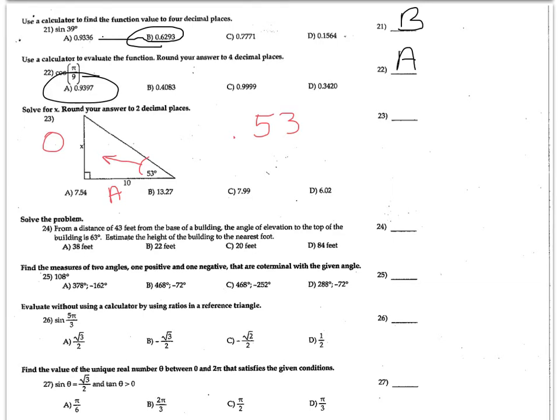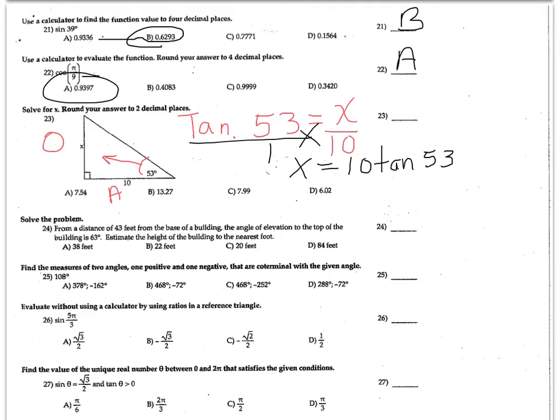Okay, so it's tangent, right? So tangent of 53 you said equals to what? X over 10. And then just make it a proportion. When you make it a proportion, you put it over 1, you cross multiply. X equals 10 tangent of 53. And then you just put that into the calculator.